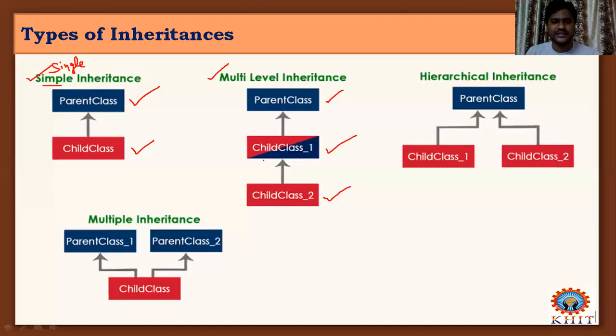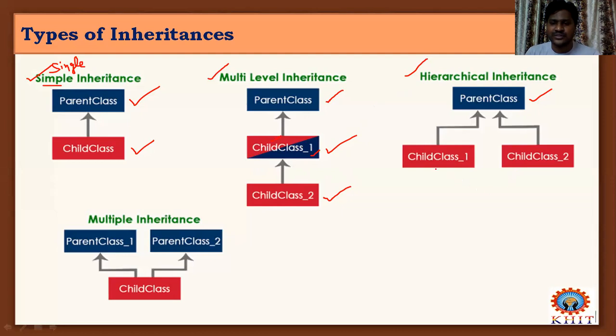So this color indication clearly says child class 1 acts as a child class as well as a parent class. Got it?